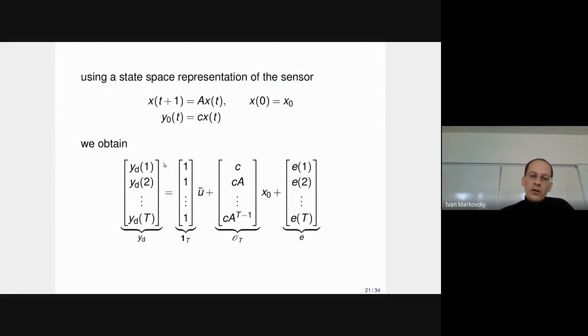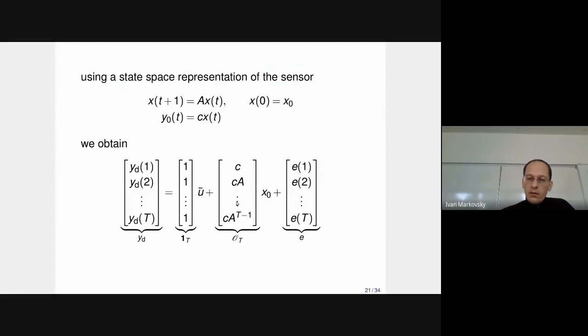So we measure the output Y at discrete times 1, 2, up to some capital T. And unfolding this difference equation, we can write out what is Y at different moments of time, and you get this system of equations. So we have the constant plus the transient plus the noise. And the transient is governed by the dynamics of the system described by the parameters C and A.